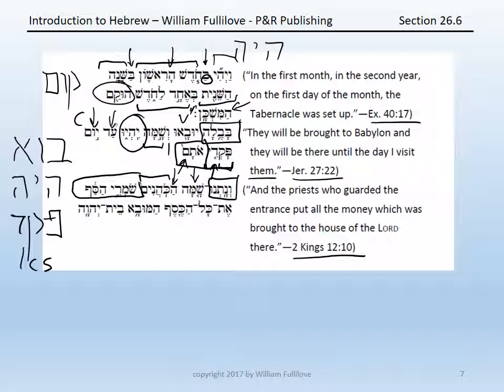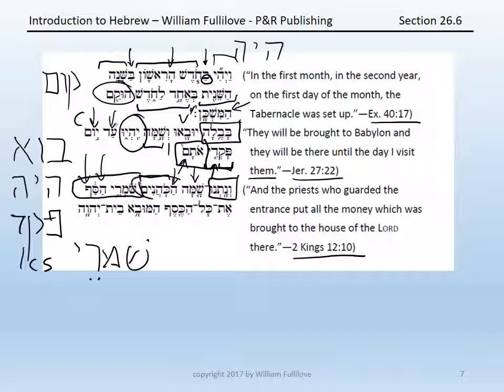Shomerei is a qal participle, masculine plural, of shamar, and as a qal participle masculine plural in the construct, it's shomerei. So qal participle masculine plural construct form of shamar, the ones who guard what? Hasaf, the entrance.